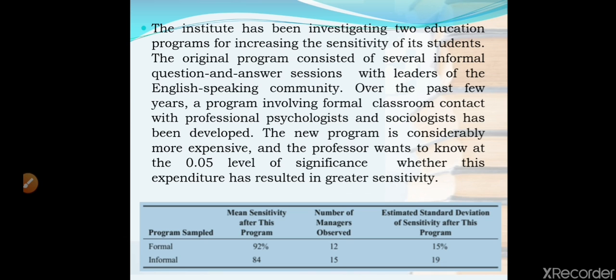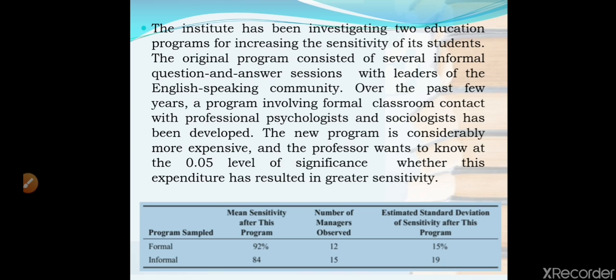So here in this numerical, the mean sensitivity for both the programs is given to us. The number of samples for both programs is given to us, which is 12 and 15, both less than 30, and the estimated standard deviation of sensitivity after the program is also given as 15 and 19.